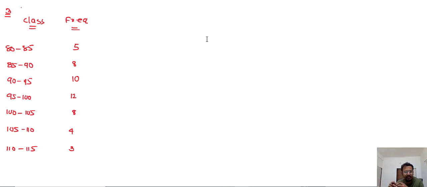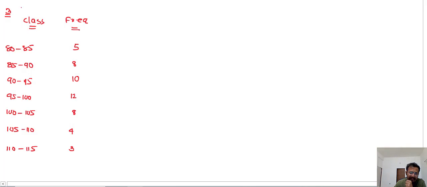So first you have to find the class mark. This is your Fi. So first you have to find the class mark Xi. And what is the class mark? The average of the class, upper limit plus lower limit by 2. So for 80 and 85, 80 plus 85 is 165 by 2, so 82.5.